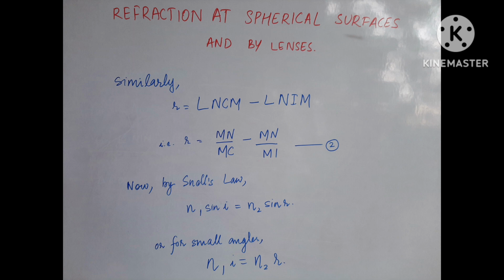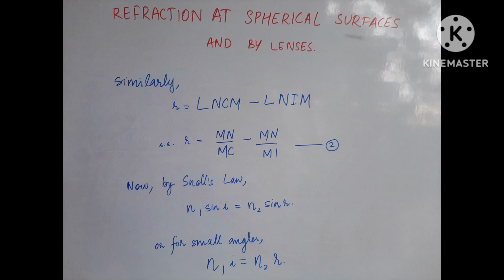Before connecting equations 1 and 2, we write Snell's law. Snell's law can be written as n1 sin i is equal to n2 sin r. For small angles, sin i is approximately equal to i, and sin r is approximately equal to r.